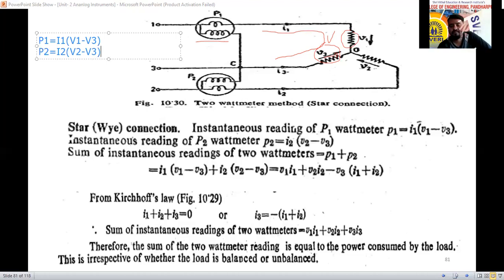So the total power P equal to P1 plus P2.